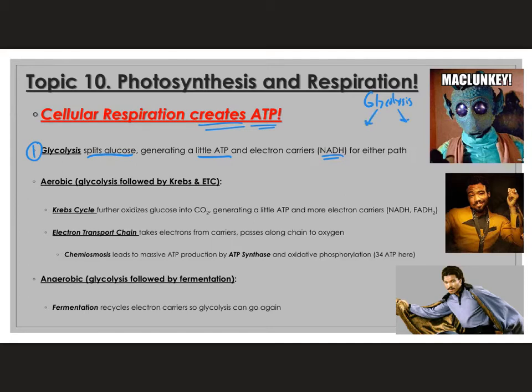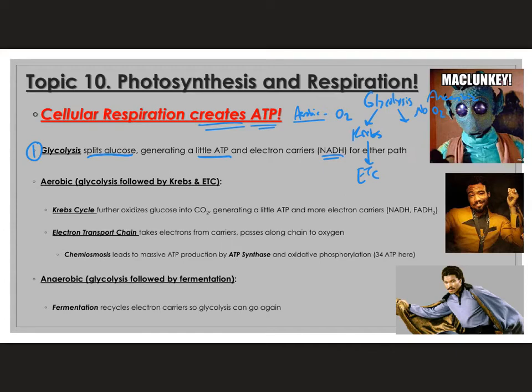Then we've got two options. If we have oxygen present, we can do aerobic respiration. If we don't have oxygen available, or we don't have the machinery to do it, then we've got anaerobic respiration. On the aerobic side, we go to the Krebs cycle second, and then the electron transport chain third.